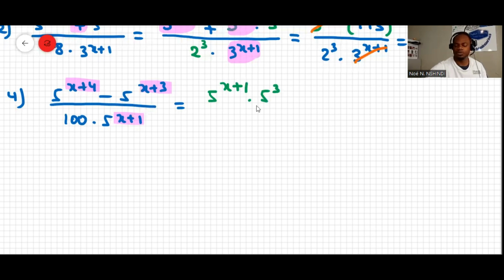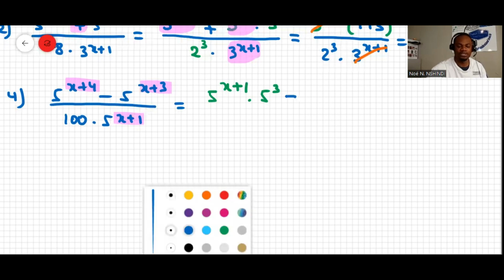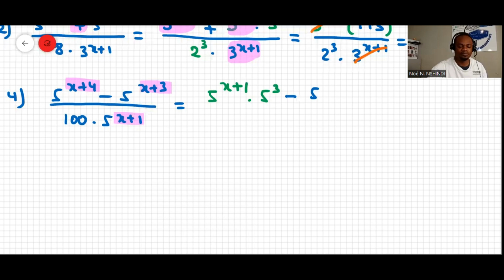Same also over there, minus 5 to the x plus 3 can be written as 5 to the x plus 1 multiplied by 5 to the 2. The product of these two combined will make 5 to the x plus 3.